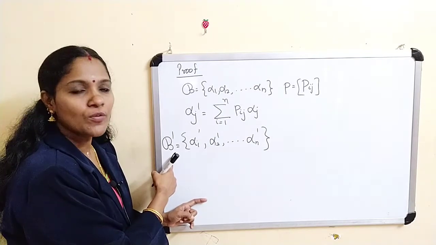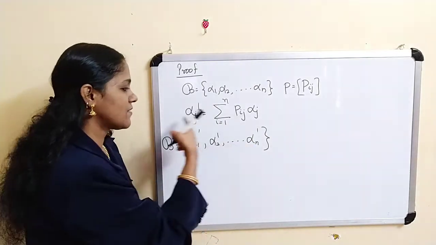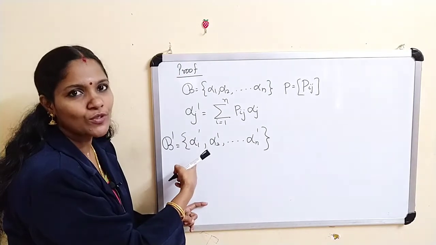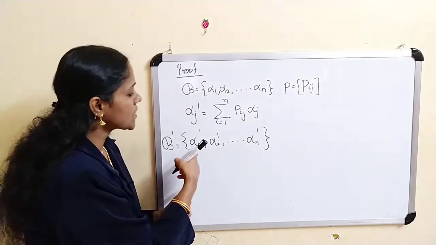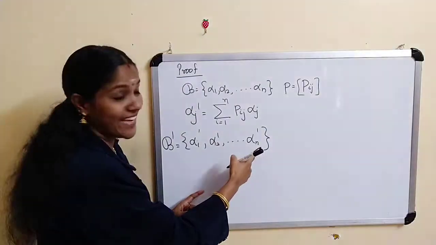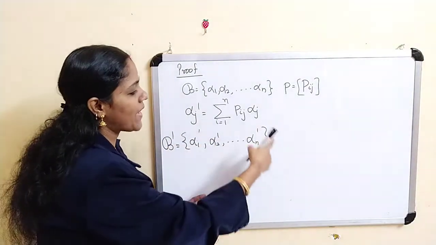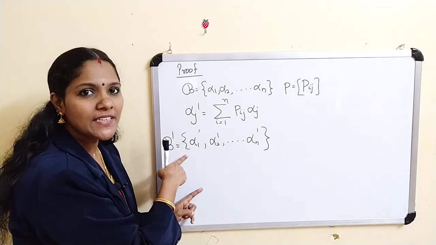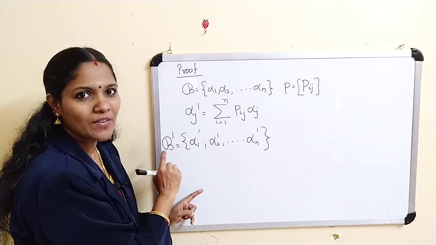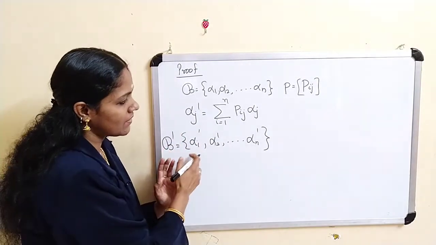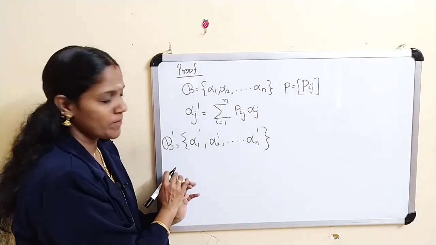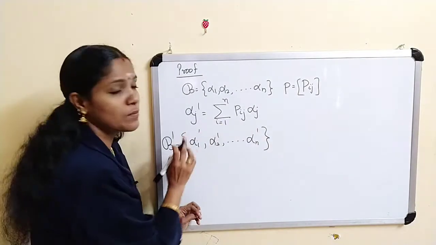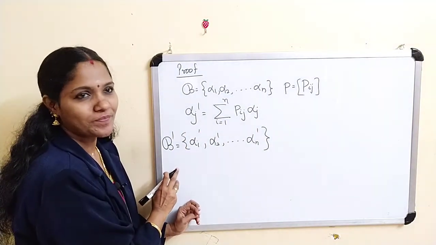For this we have to prove this set spans the space V and is also linearly independent. As this consists of n elements, if this spans V, then clearly it is linearly independent using our previous result: any set containing n elements is linearly independent if it spans the space V. So we are proving this set spans the space V.